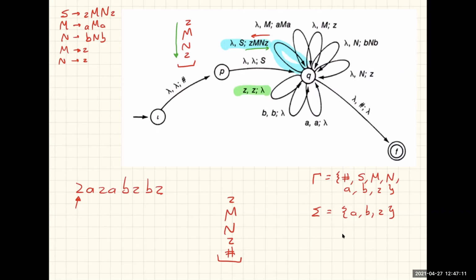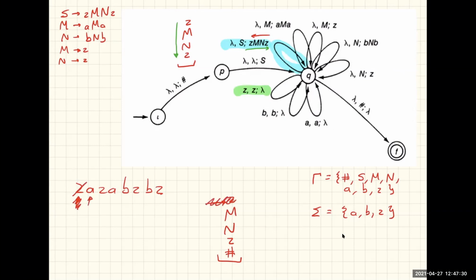We have a Z at the top of the stack, and we have a Z at the beginning of the string, which is the condition asked by that arc. So we will do so. We will consume this, we will move our head, and we will consume this one.